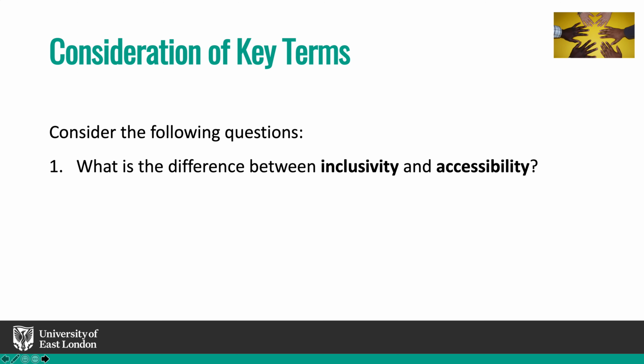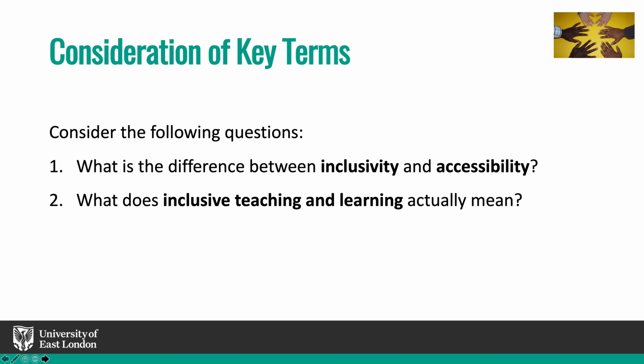Here are some questions for you. What is the difference between inclusivity and accessibility? We often use the two interchangeably, but is there a difference? In which case, why have I referred to inclusive teaching resource design rather than accessible teaching resource design in this self-paced course? Here's another question. What does inclusive teaching and learning actually mean?